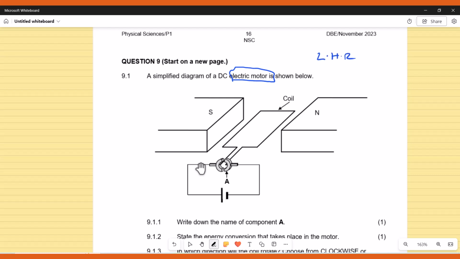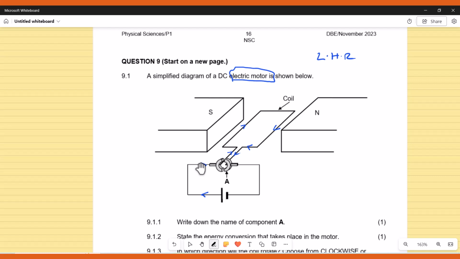Now this is what we do. First of all, this is the positive, where we have our electricity passing like this, then coming this way, then going up the coil here, then coming back like this, and then going this way. According to the left-hand rule, you put the thumb, second finger, and first finger at 90 degrees.